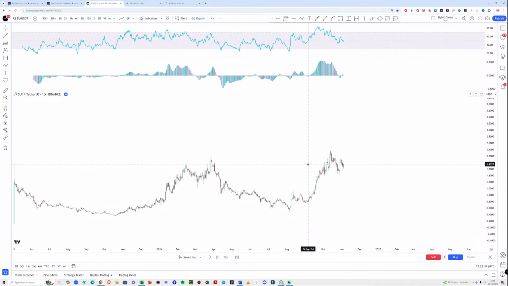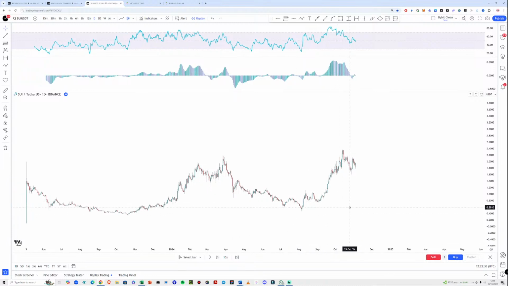So first thing to note, right? Sui, one of the strongest markets. Was very clear from the overlays at the time, right? It was a clear outlier, right? Daily RSI here, hovering around 50.